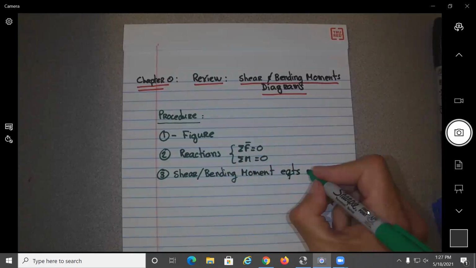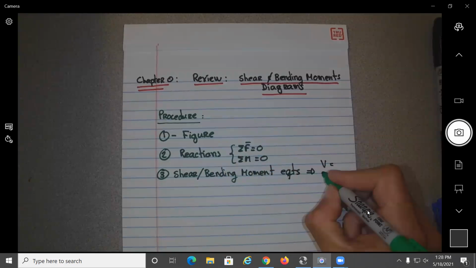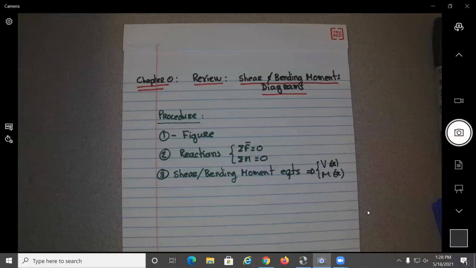So from here, you're going to find shear force and bending moments along the length of the beam. So it will be in function of x. So for that, what do you need to do?